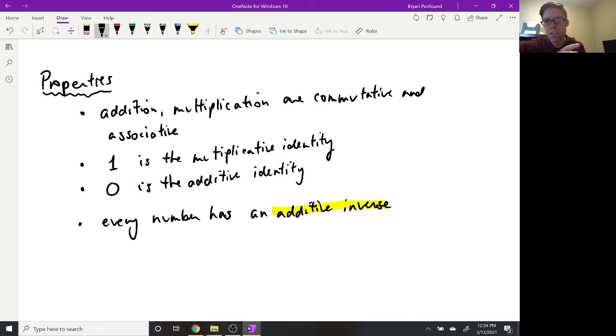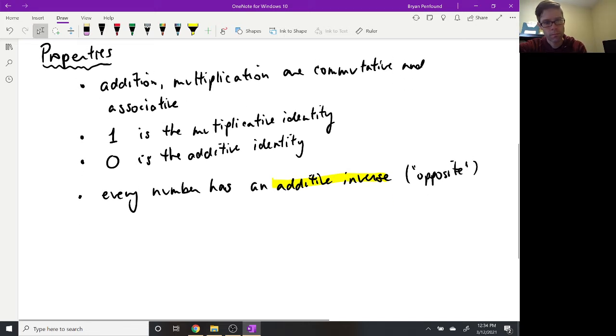Okay, in math terms, we call the opposite of a number the additive inverse. So an additive inverse is a number that I can add to an original number to get to the additive identity.